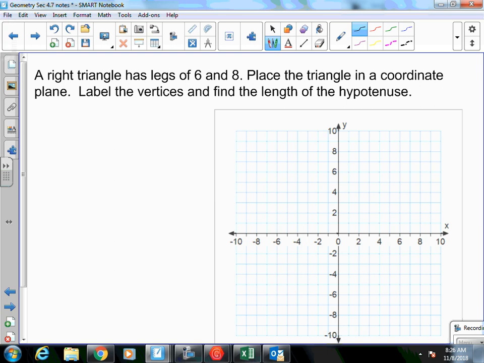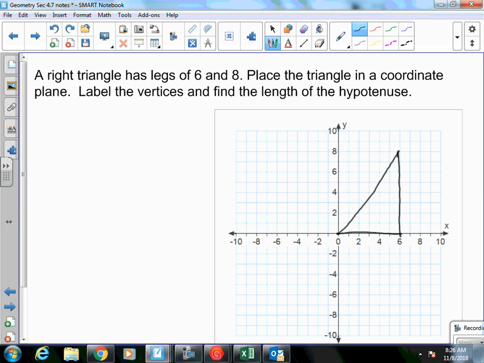If I start at the origin and go over 6 and up to 8, we got a right triangle.